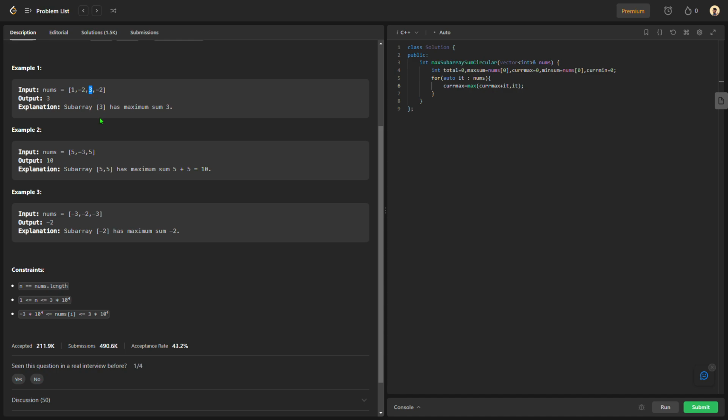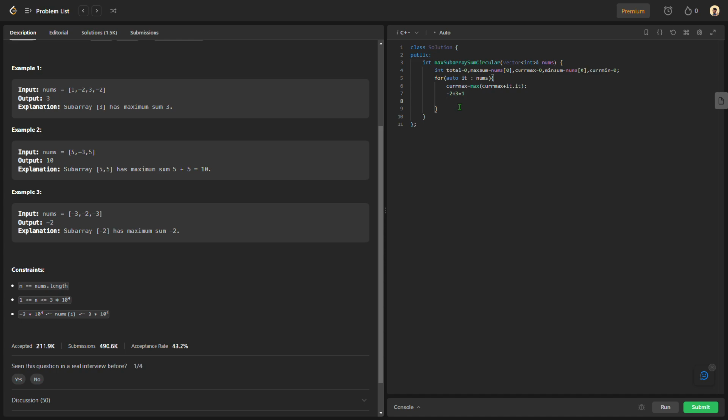Minus 2 plus 3, the total was equal to 1, and our iterator was at 3. Current max was minus 2, and our iterator was at 3.